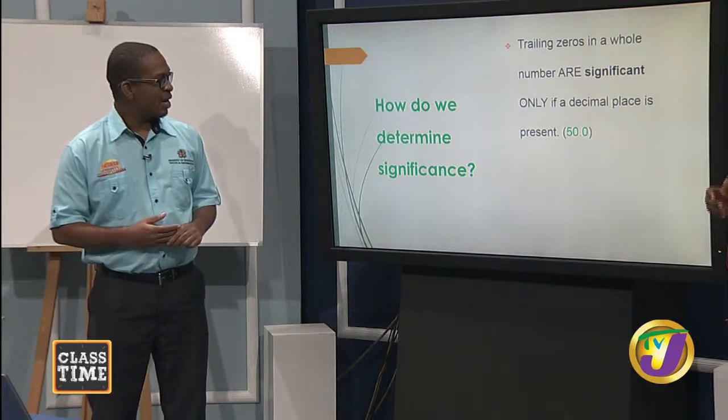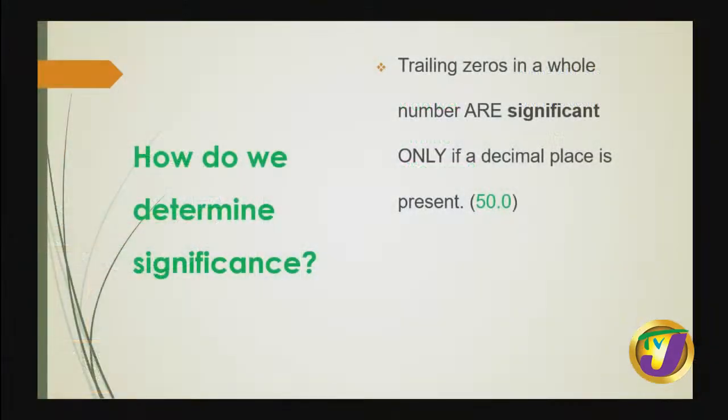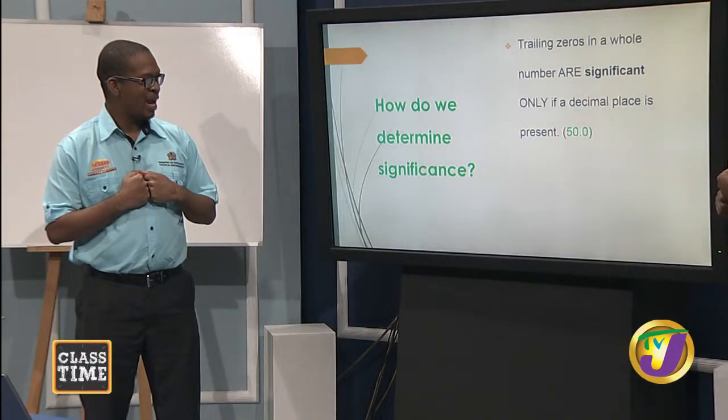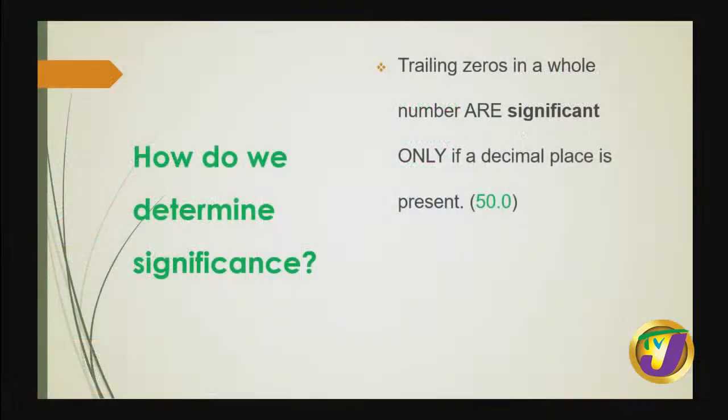Trailing zeros in a whole number are significant only if a decimal point is present. Okay. As in this case. Say for example, I am rounding off 49.999 to the nearest tenth. Okay.